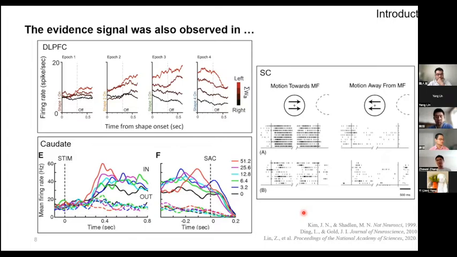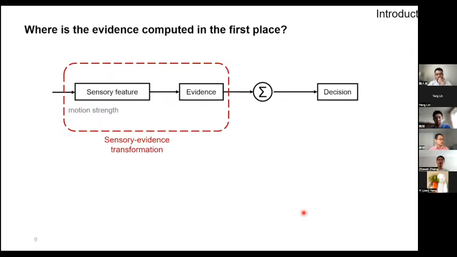I think it's not surprising because the brain is a highly connected network, but it's really a question of where the evidence signal is computed and transmitted to other brain areas. And here is our reasoning to approach this question.